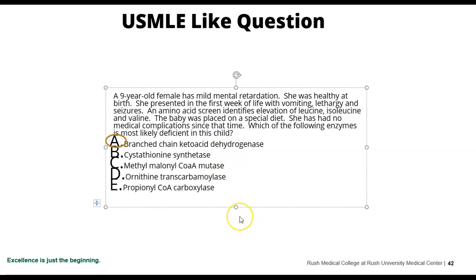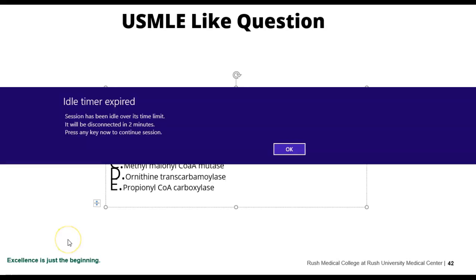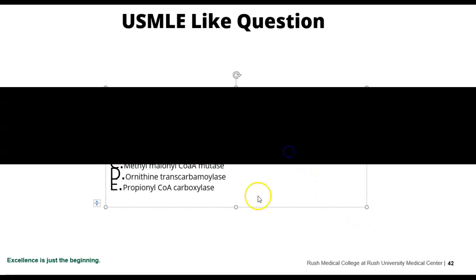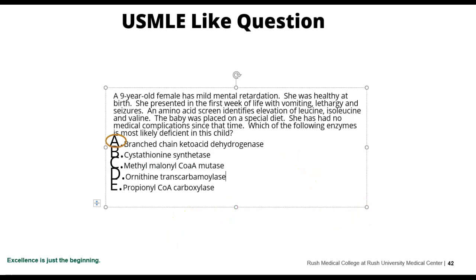So I just wanted to show you the kind of questions that they ask on STEP with regards to metabolic disorders. And that concludes this. I also want to say I understand this is overwhelming, really tough. And that's why I tried to put this together to dovetail with the metabolic stuff, for this is what people look like.